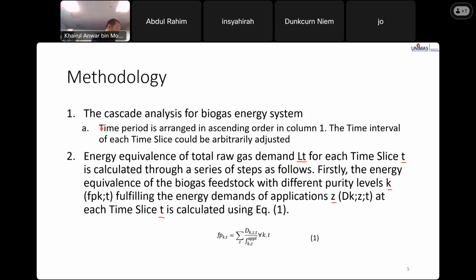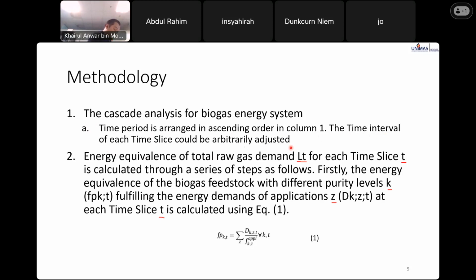Okay, the first step: the time period is arranged in ascending order in column 1. The time interval of each time slice could be arbitrarily adjusted. So this is for gas.